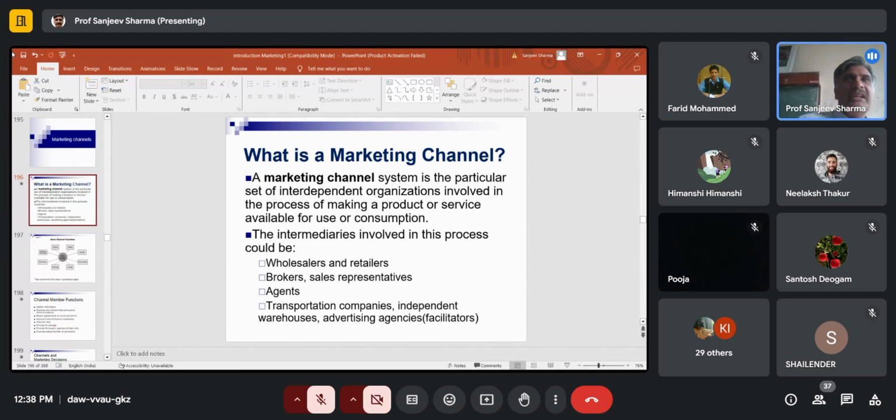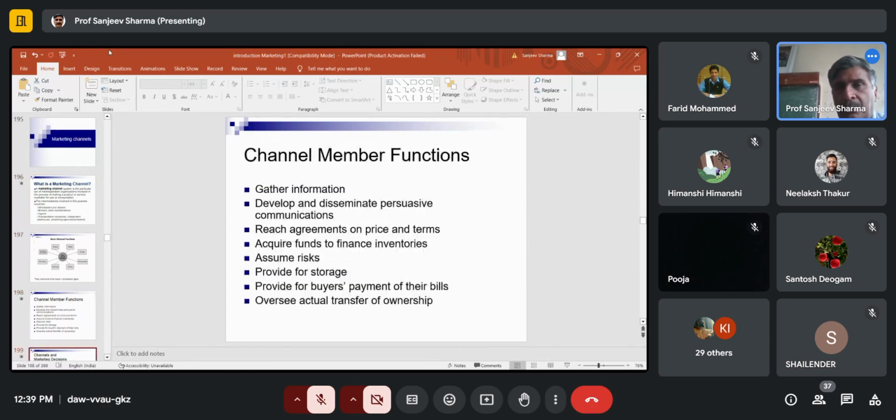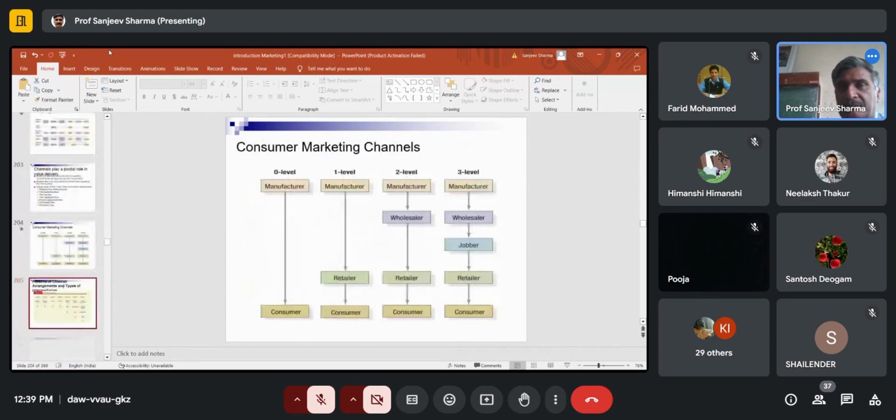We are not selling, but we are communicating. Hence, the new term is integrated marketing communication. Typically, we still use the word promotions, but you end up doing integrated communication.